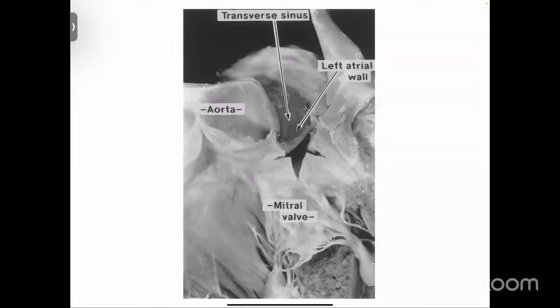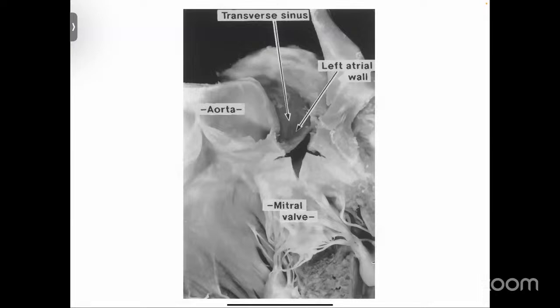As mentioned earlier, the mid portion of the aortic leaflet of the mitral valve is attached to the non-coronary cusp and the left coronary cusp of the aortic valve by the aortomitral curtain.